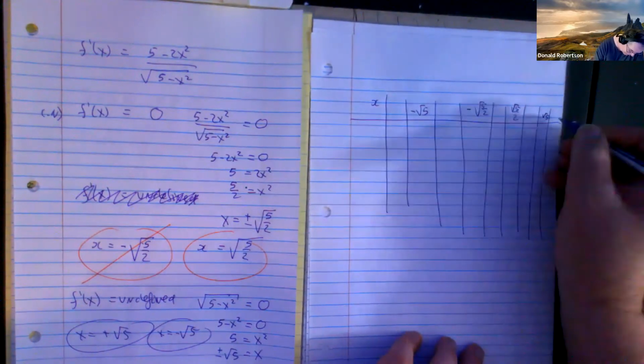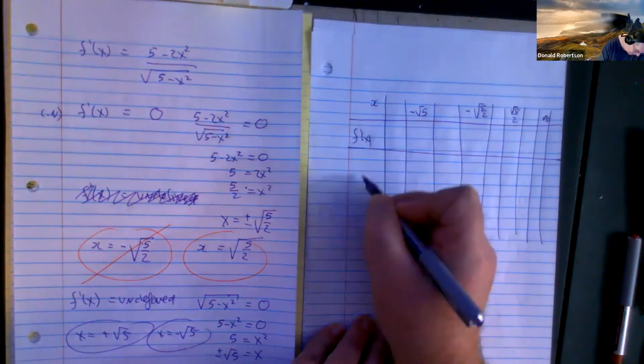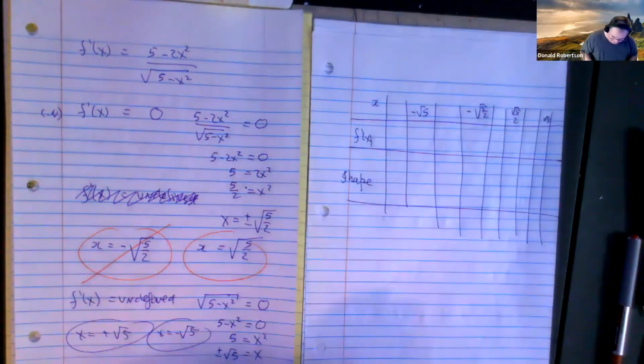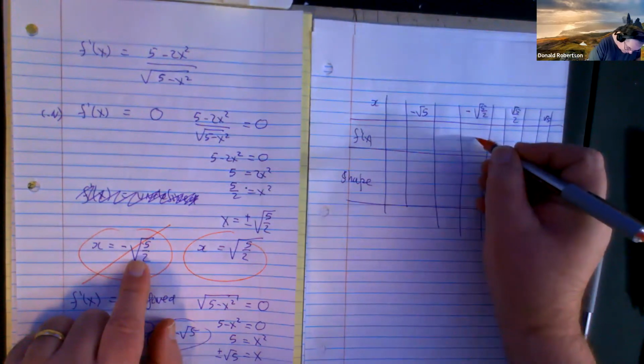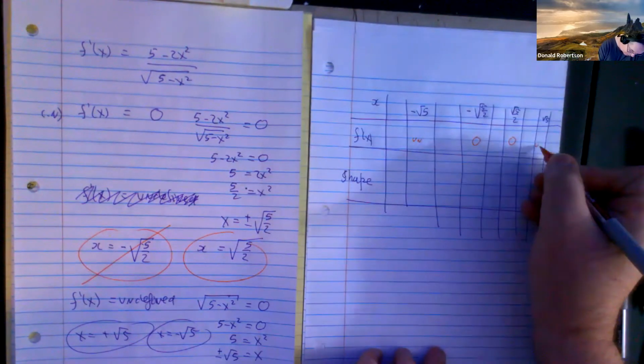And then it's going to be positive the square root of 5, and then a space. Good grief. This is huge. Right, what do I know? At this point here, the derivative I know is going to be 0. At this point here, I know it's going to be 0. And at these 2 points, I know they're going to be undefined.